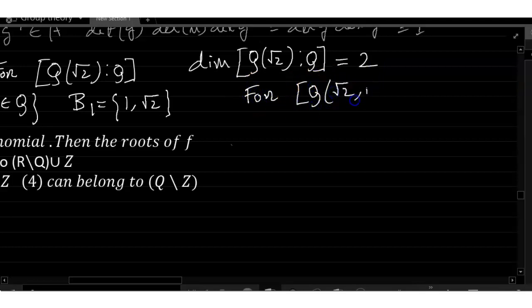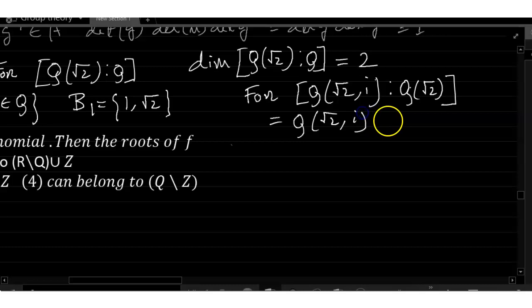Q root 2 comma I over Q root 2, equals to Q root 2 comma I, equals to Q root 2 I.